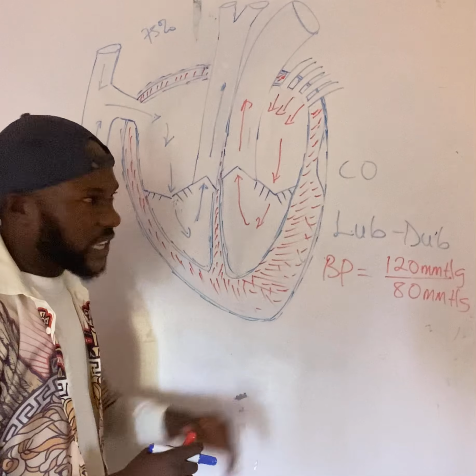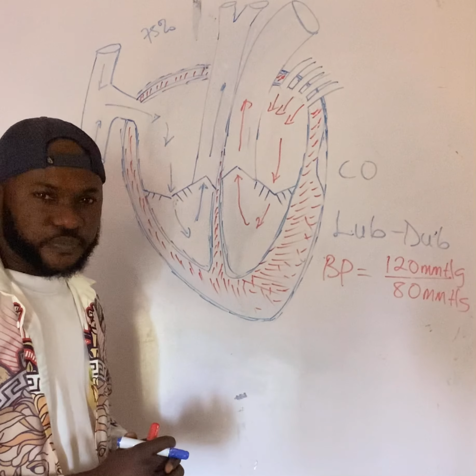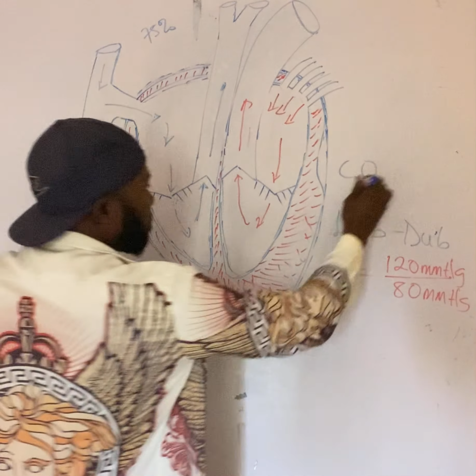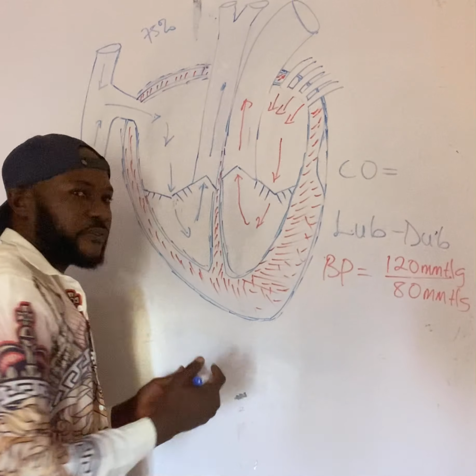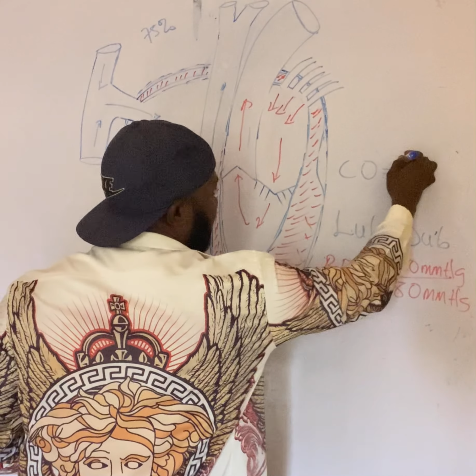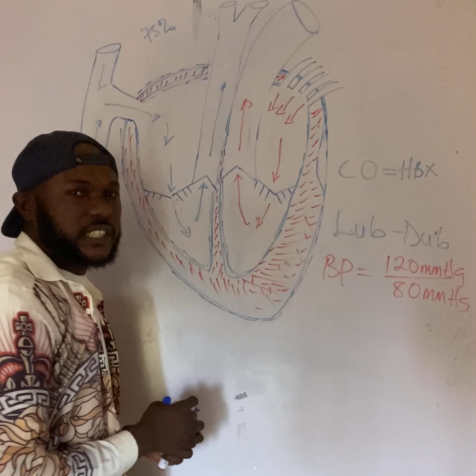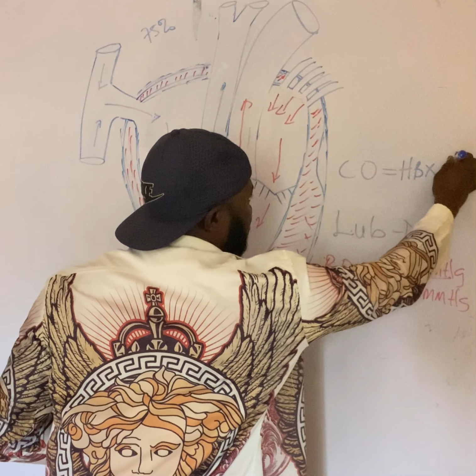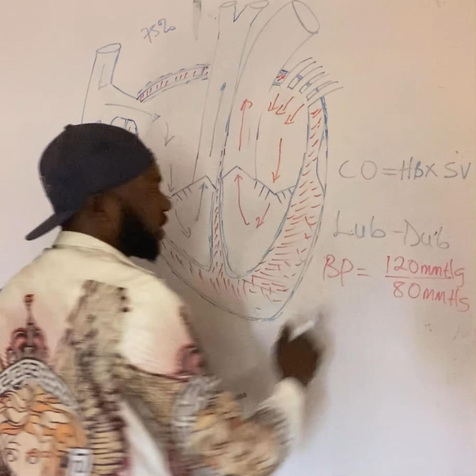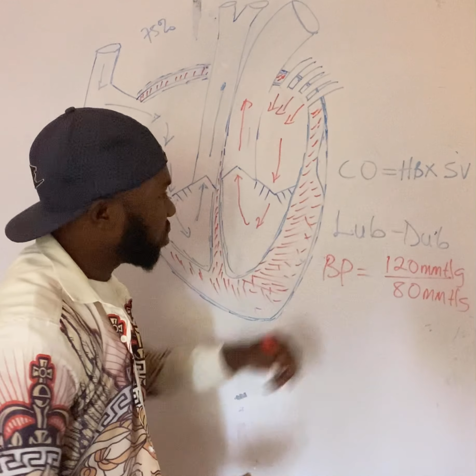Cardiac means heart. Output means going out. Now, cardiac output is gotten using a particular formula, which is heartbeat multiplied by stroke volume. Heartbeat multiplied by stroke volume.